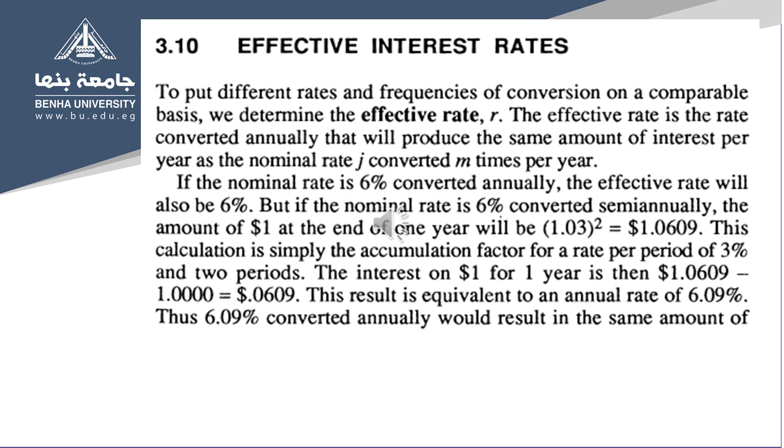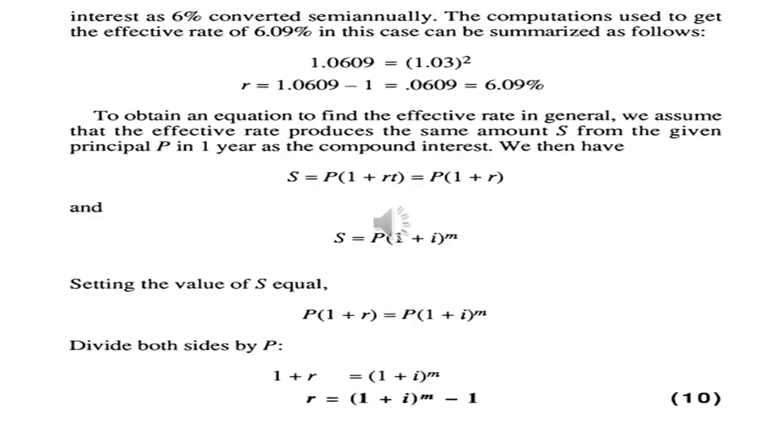Thus, 6.09% converted annually would result in the same amount of interest as 6% converted semi-annually. The computations used to get the effective rate of 6.09% in this case can be summarized as follows: 1.0609 equal 1.03 to the power 2.